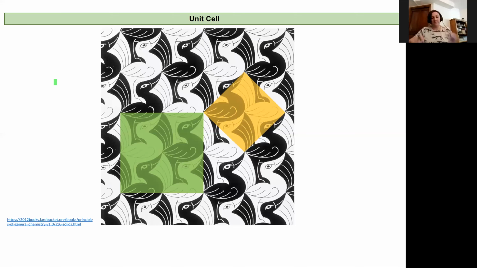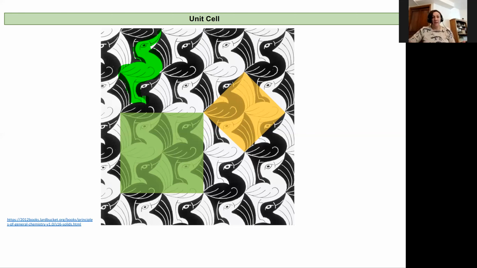When you look at this on a larger scale, you can try to find the smallest repeating unit, and my eye is always immediately drawn to one of the ducks. I'm like, oh, that's my repeating unit right there, just one of these little ducks, because that's how I would most likely create this image if I was doing this as an art project. I would draw one of those, cut it out, and then repeat it.